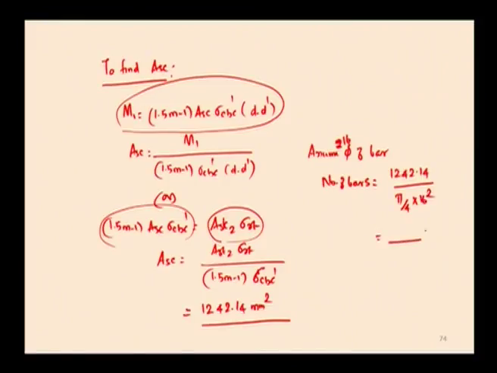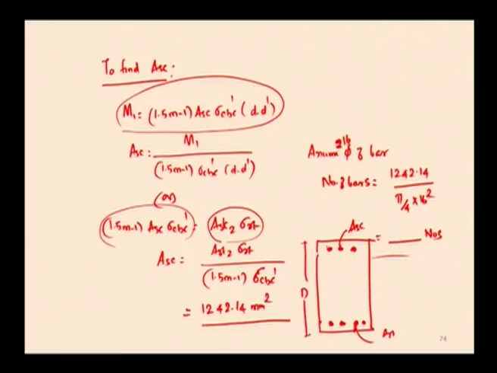So we can easily find out how many bars we need to provide. So this is the rectangular section, and we can easily provide the reinforcement required for it. This is AST, this is ASC, and this is the size of the section, D by B.